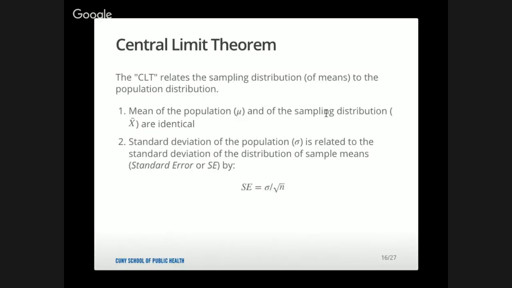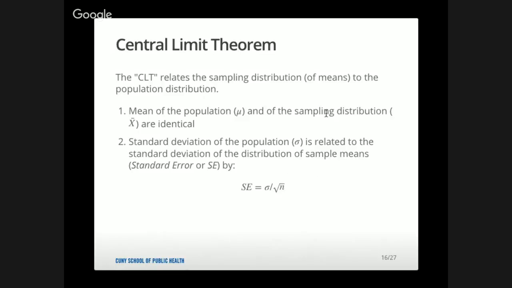The second part of the CLT is that the standard deviation of the population is related to the standard deviation of the sampling distribution, which is also called the standard error, by this relationship: the standard error is equal to the population standard deviation divided by the square root of the sample size.